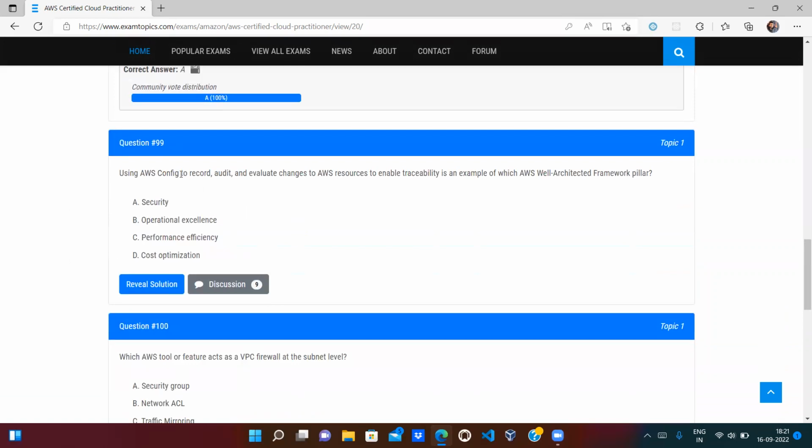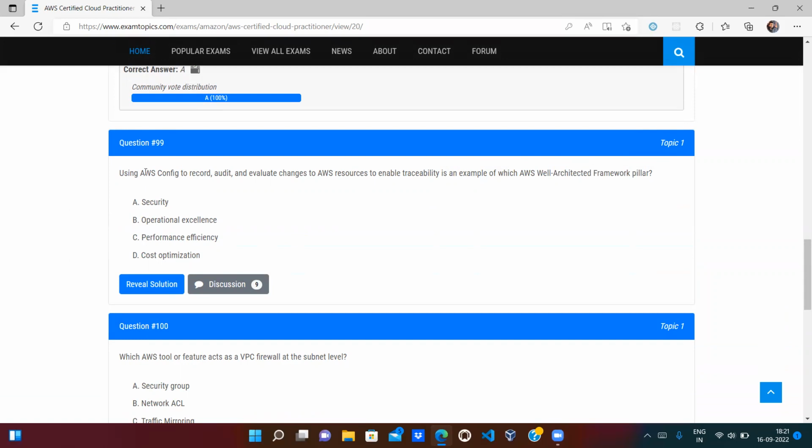Using AWS Config to record, audit, and evaluate changes to AWS resources to enable traceability is an example of which AWS architecture pillar? So what will AWS Config do? If you have some resources, you want to make sure that whoever creates an EC2 instance should attach this port, and should not open port 22. This is a kind of compliance.